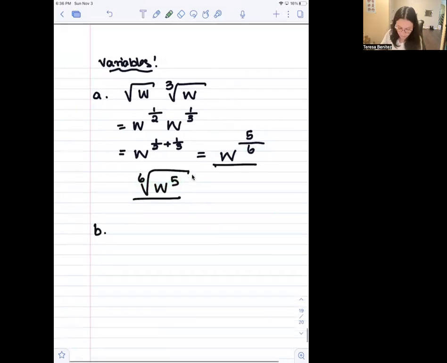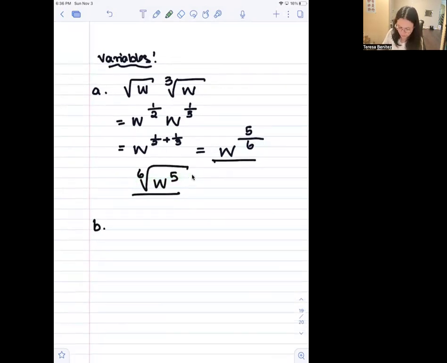Okay. Example B, so many examples here. I have 16x, the 4th root of that, divided by the cube root of x, okay?